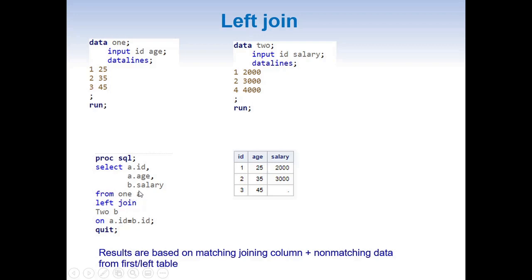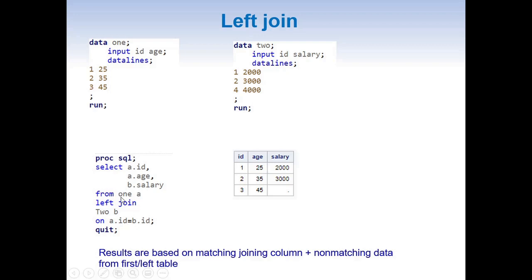The first table is always known as the left table, and the second table is your right table. So whenever we have said left join and we have used from 1, this particular table becomes the left table.